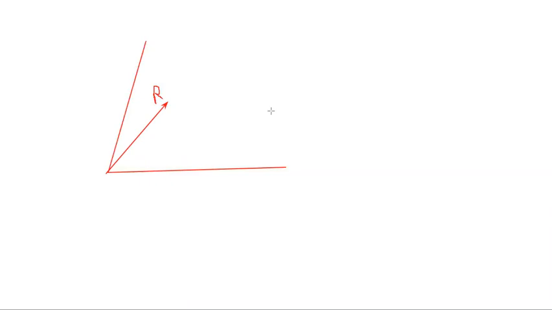So what I have to do, I have to first mention what is the angle. Let this angle be theta. So I want to resolve this R vector into these two directions. Better to take alpha instead of theta because we will require theta later on.